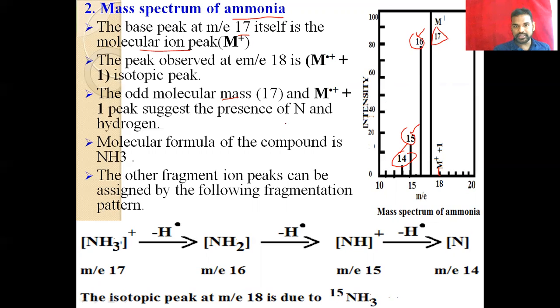Hydrogen normally has the atomic isotope of mass 1, which is normal hydrogen, and then hydrogen of mass 2 and hydrogen of mass 3.